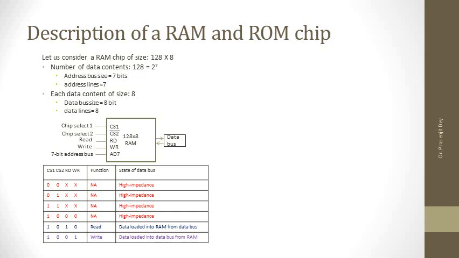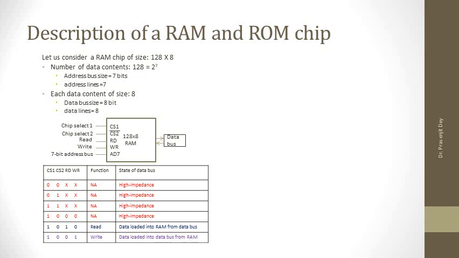In this table, if you look at the first two rows, as chip select 1 is 0, it doesn't matter what the other field values are, it will always be in the inactive or deactivated state.